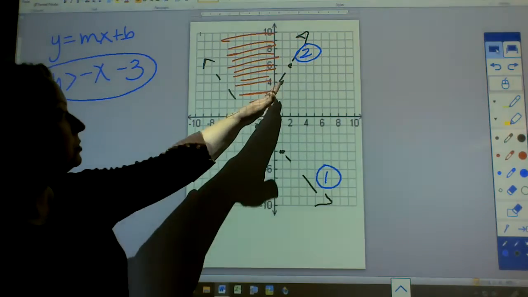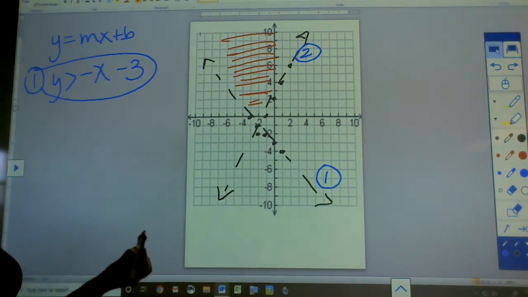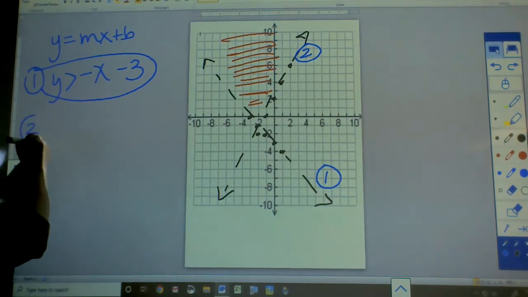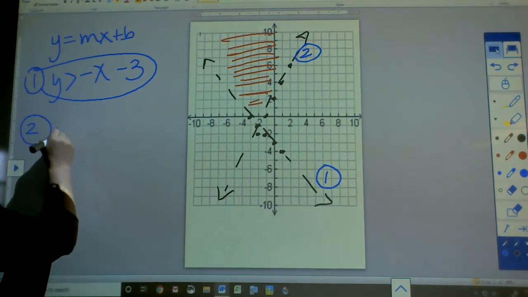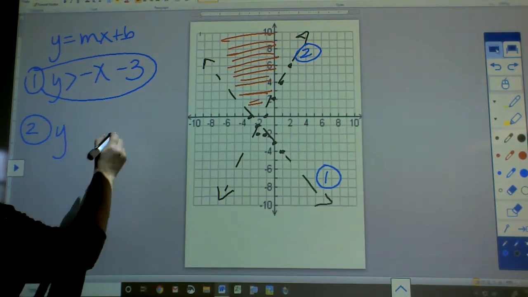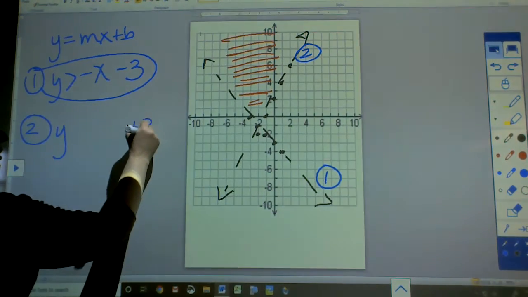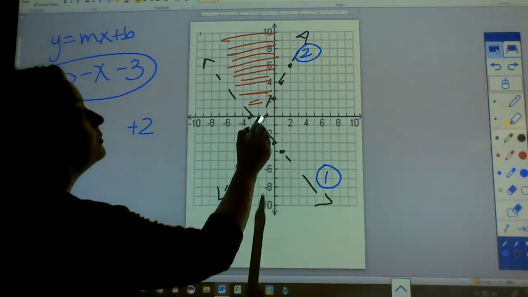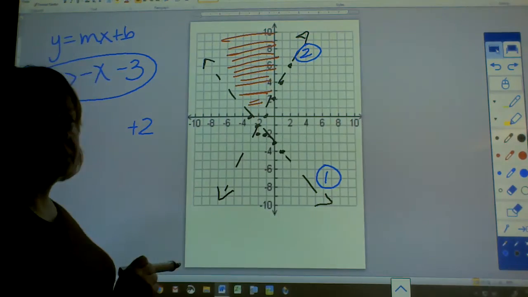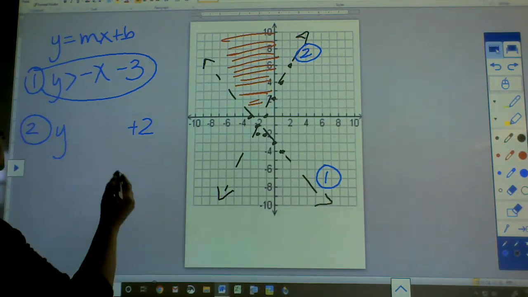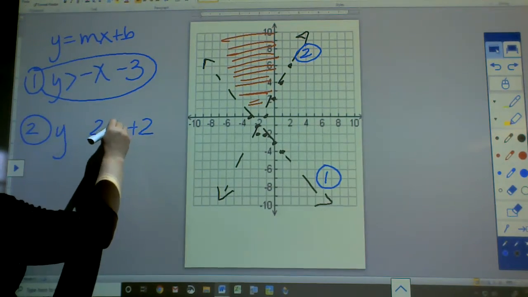So let's go to number 2 right here and find that equation. So number 2. So our intercept here is 2. So I'm going to leave a space after y. I'm going to put +2 over here. Now I'm going to find the slope of the line. So it looks like it goes up 2 over 1, up 2 over 1. So the slope is going to be 2x.